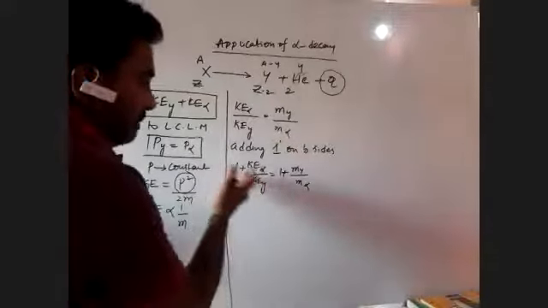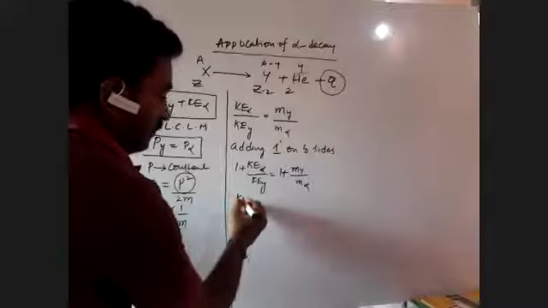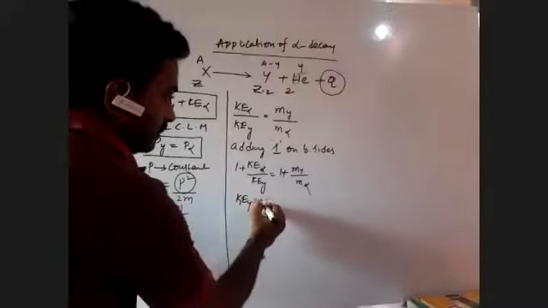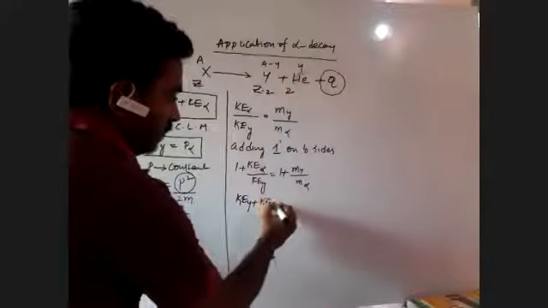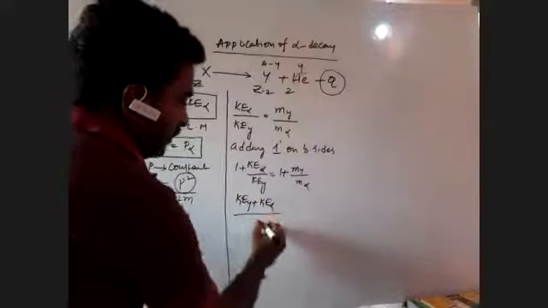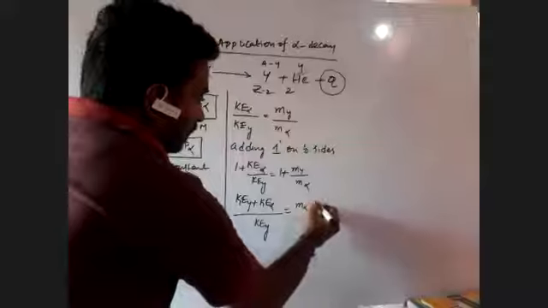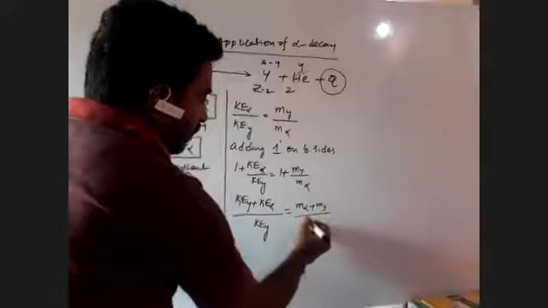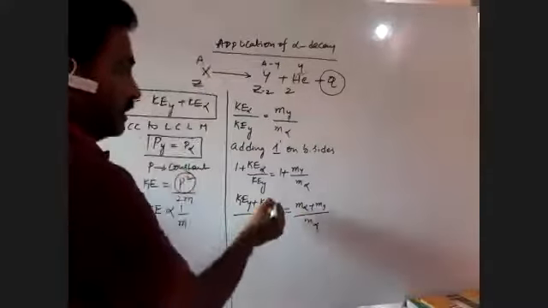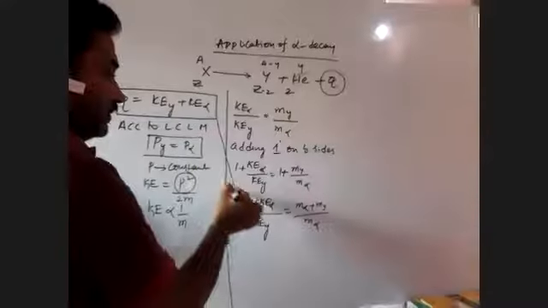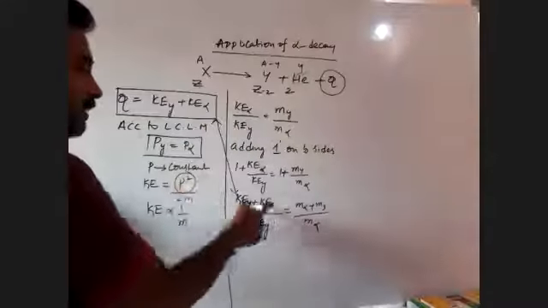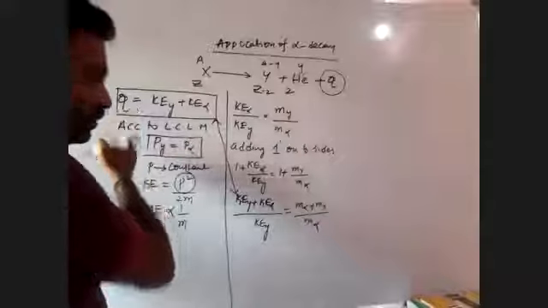Now, KE Y plus KE alpha by KE Y will become M alpha plus M Y by M alpha. See this: KE Y plus KE alpha is Q, the total energy.